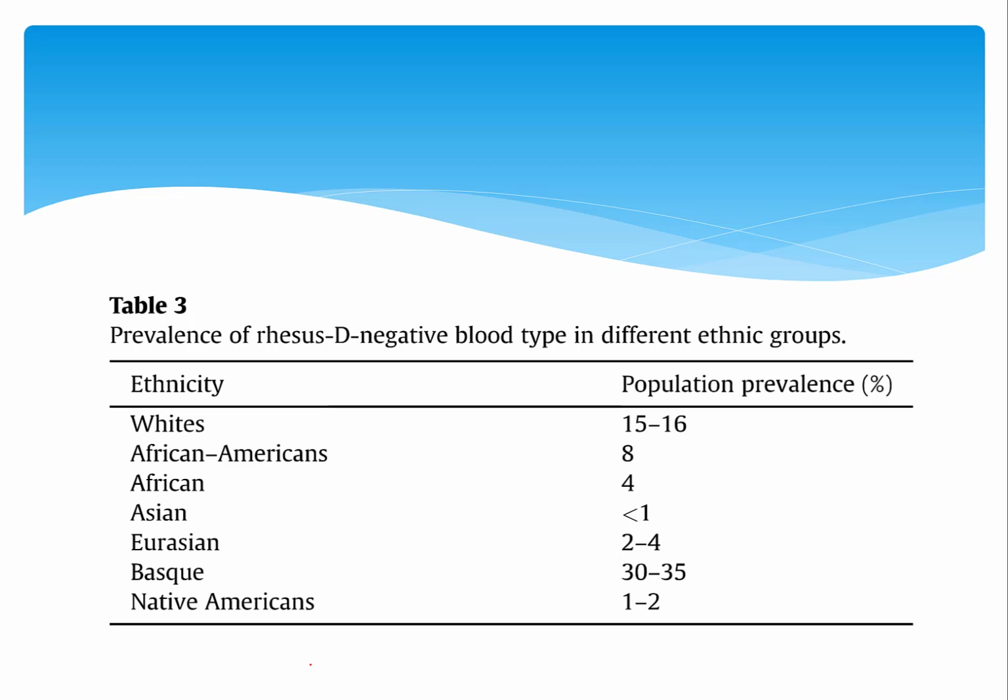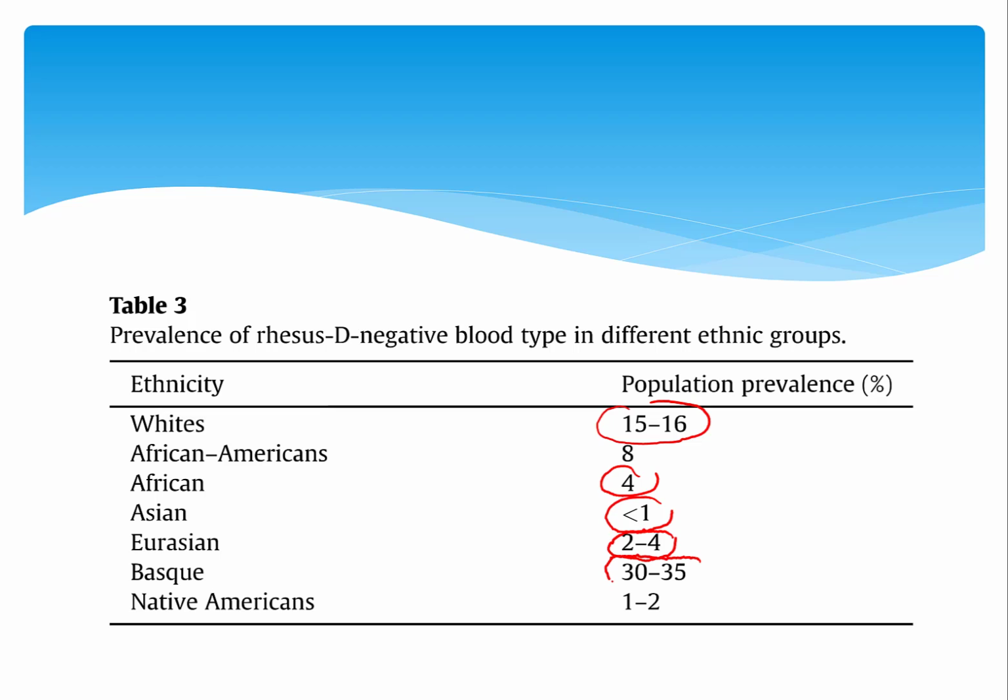This table shows you the distribution of rhesus antigens in the world population. White Caucasians 15%, Asians less than 1, Africans 4, Eurasians 2 to 4.